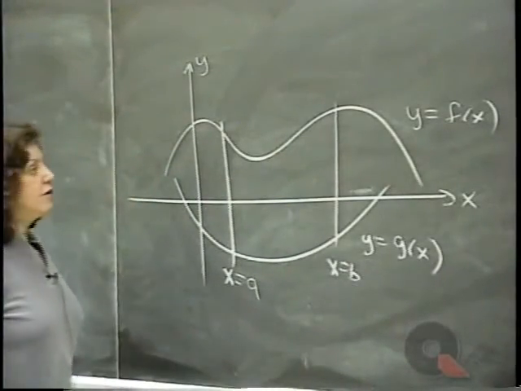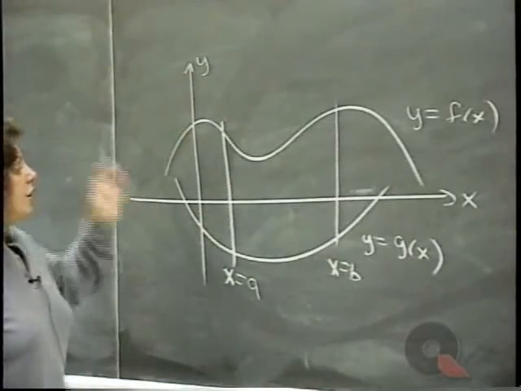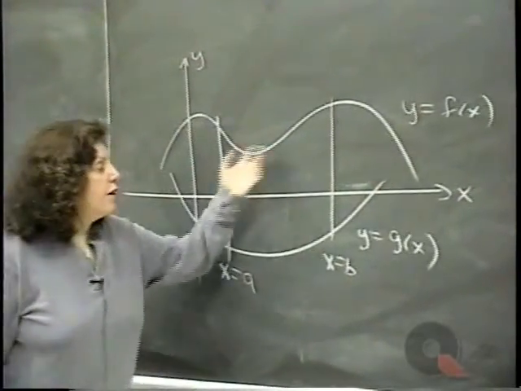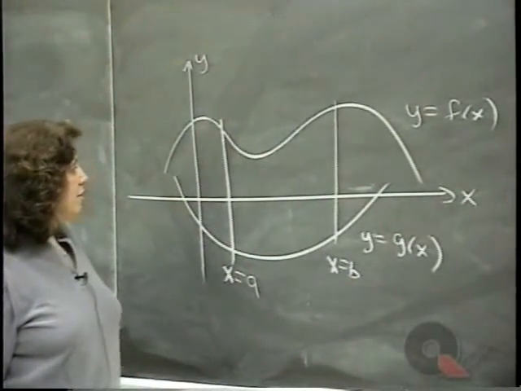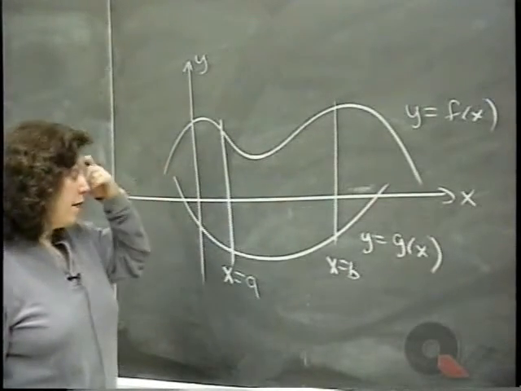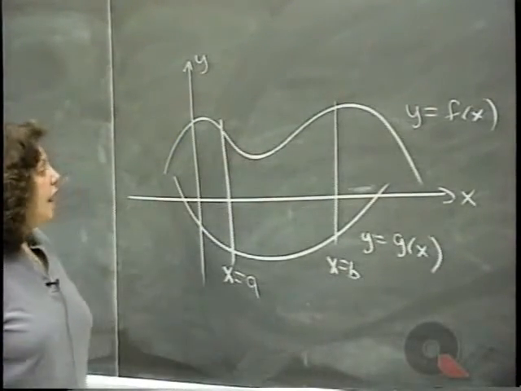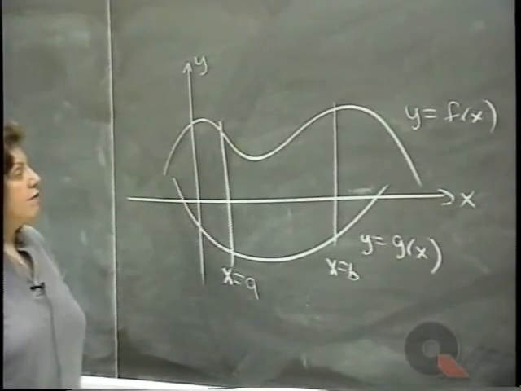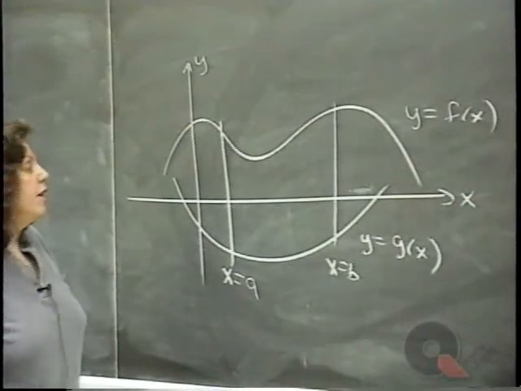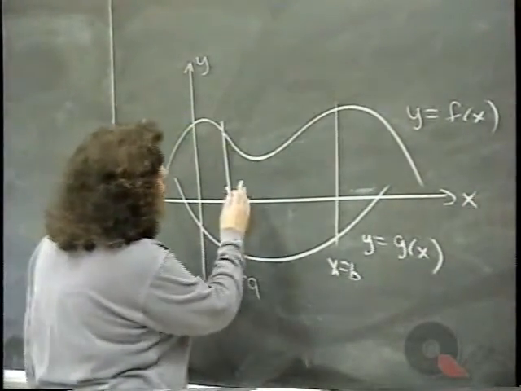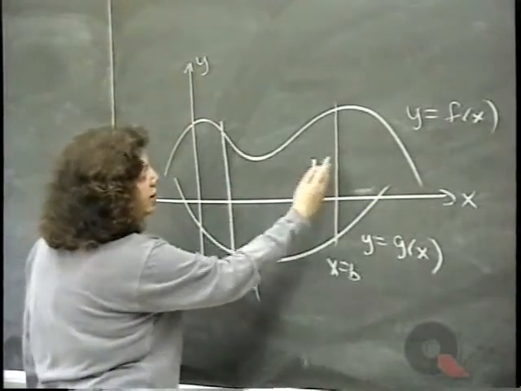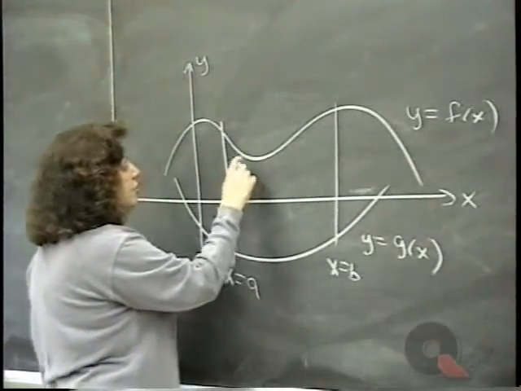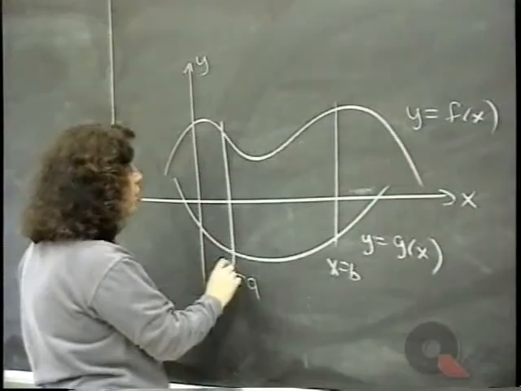Now, in class or in the book, you learned, first of all, we had to define what we meant by the region that had these curved boundaries, or what we meant by the area of such a region. And basically, we defined the area of this region to be the limit of the sum of the areas of rectangles that we fit into this region as the number of rectangles grew very large.